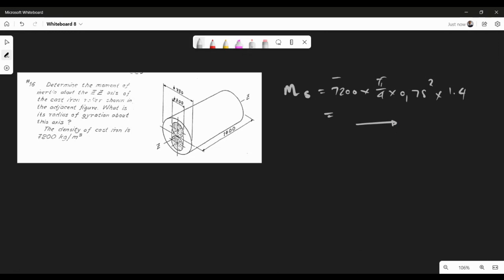Where's my calculator? 7,200 times pi over 4 times 0.75 squared times 1.4. Okay. Yep, that is correct. Nice.